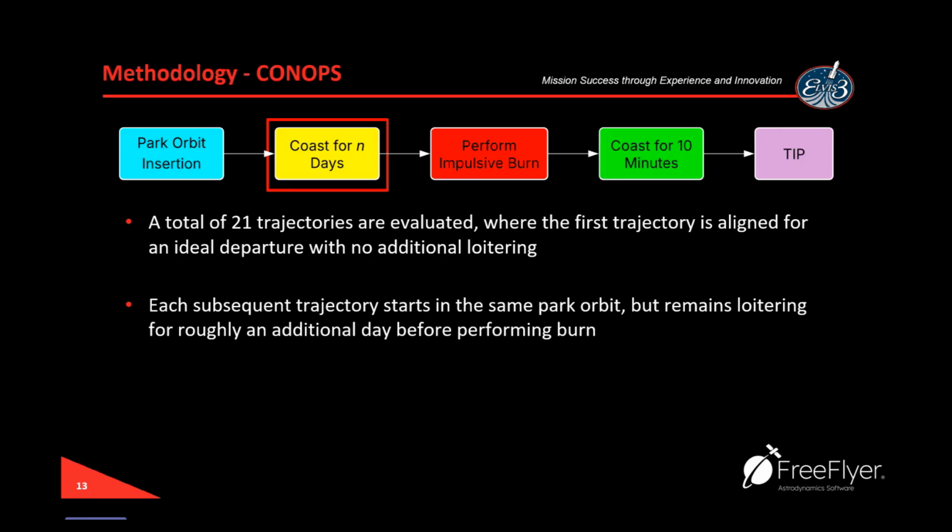And then after that first trajectory, each subsequent trajectory will start at the same location and time, but remains loitering for roughly an additional day before performing the burn. So I say roughly because maybe after your 24-hour loiter period, maybe you aren't at the most optimal place to burn. So there may be additional loitering period. Maybe it's 5 minutes, maybe it's 80 minutes, but like some wiggle room to find what the optimal departure time is.